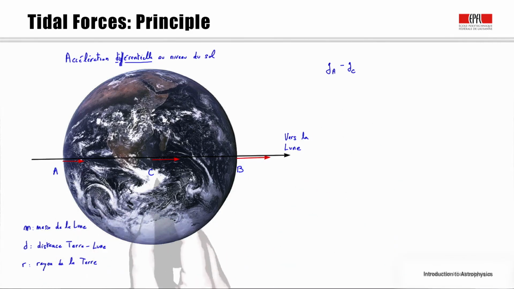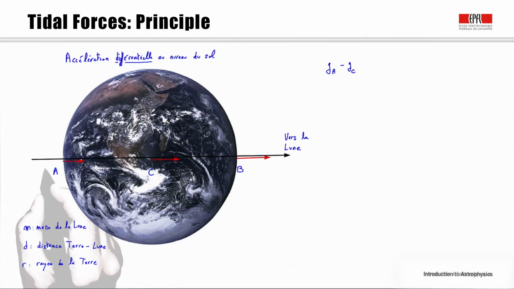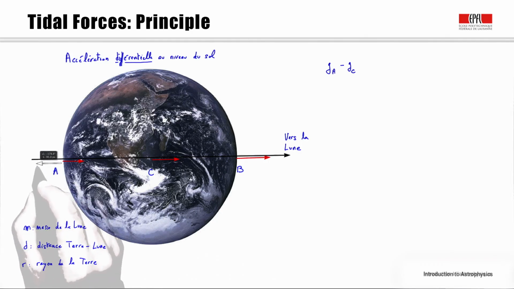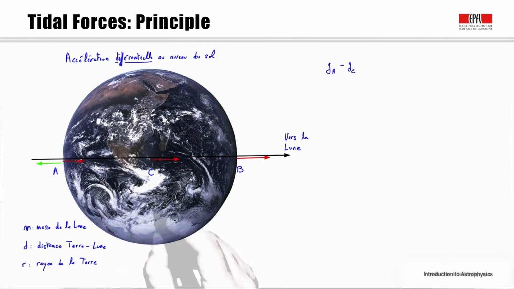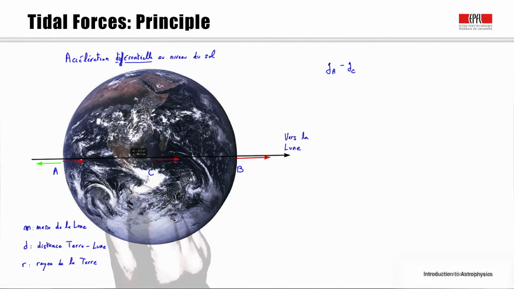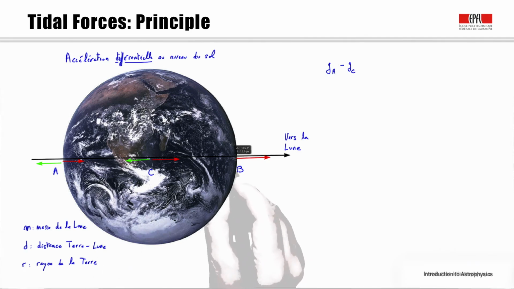This is GA minus GC that can be placed at this point with the same norm at that point C. Minus GC is also here, and one can see that GC minus GC is equal to 0. It can also be represented at this point.